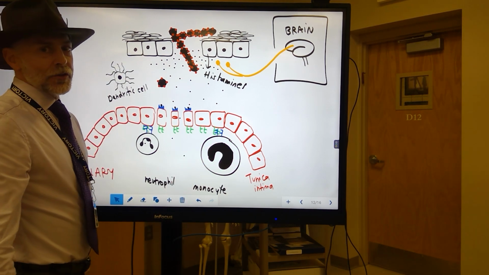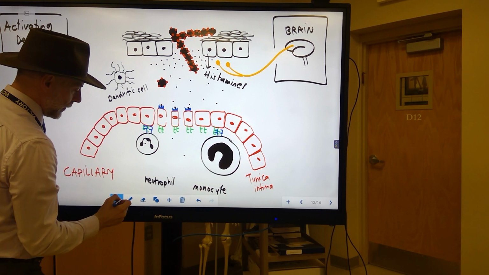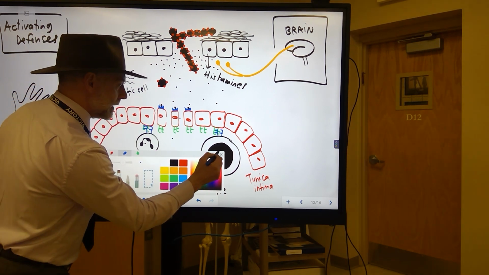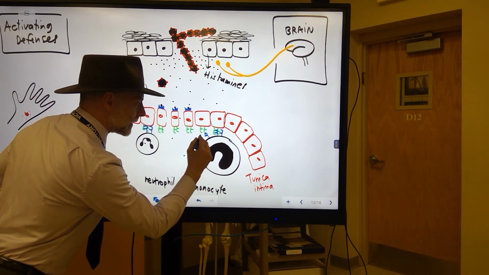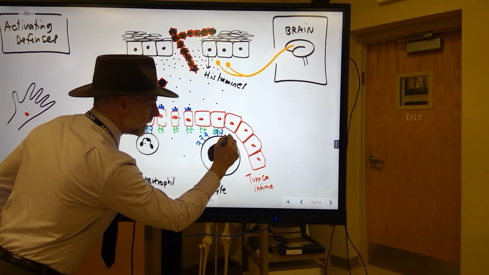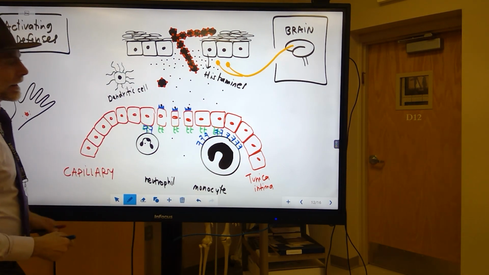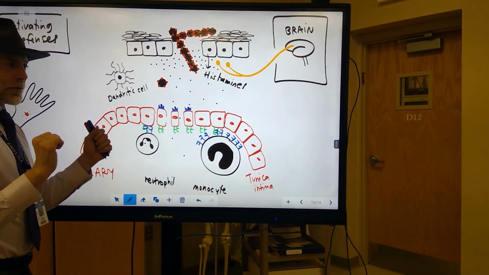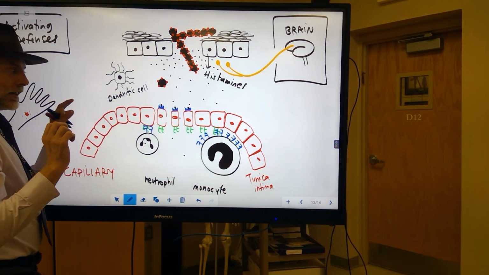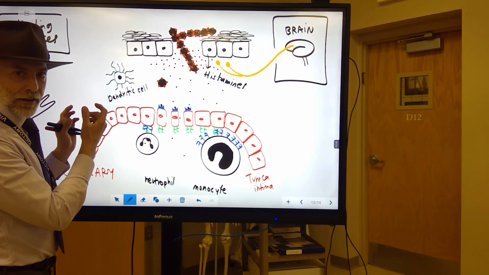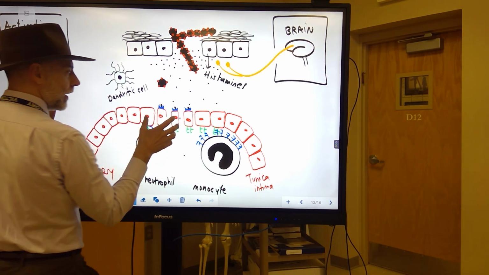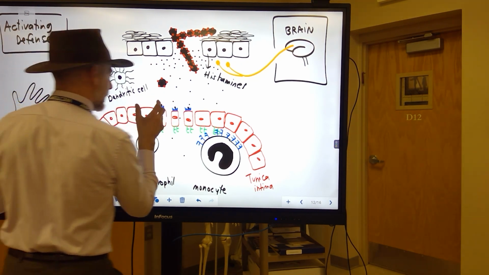The monocytes and the neutrophils, they don't just have two. They're actually coated in these. And as the monocyte is traveling through this capillary, it'll stick, and then like Velcro, it'll tear off, and then over on this side, it'll stick.